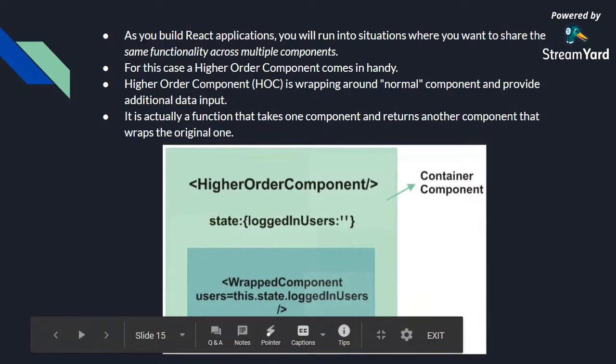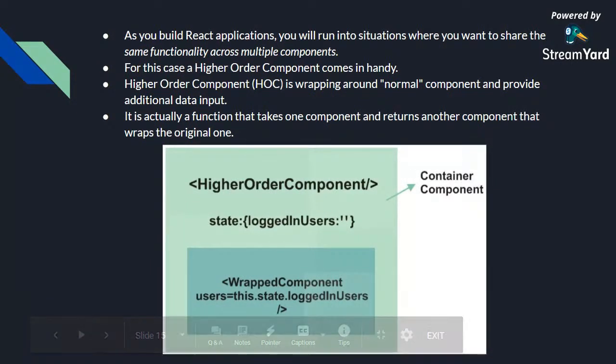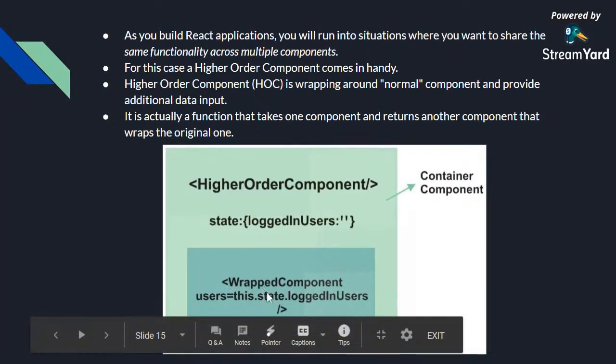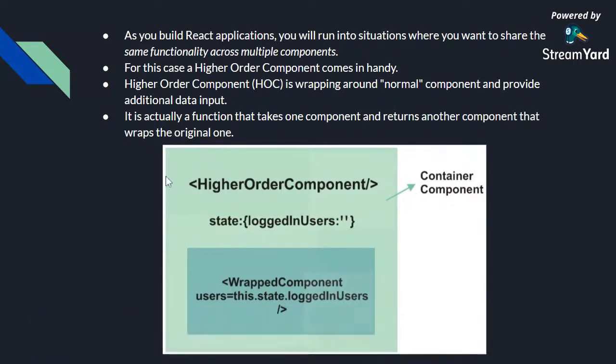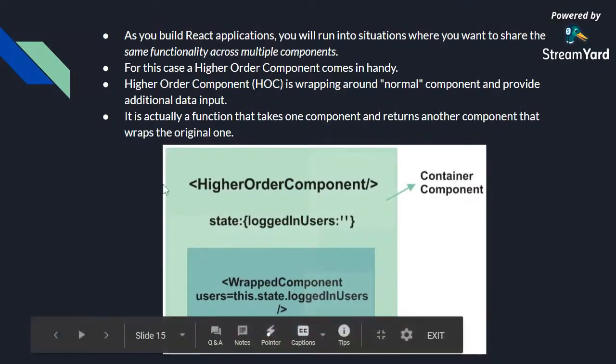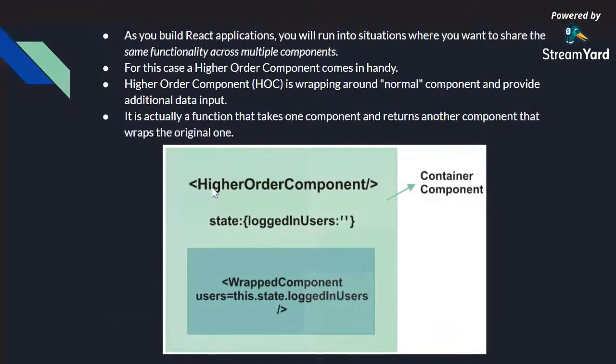It returns a component in a new form. It takes one component and returns another one which wraps the original one inside it. So I pass this particular wrapped component inside this common container component, and the higher order component returns this entire thing to me, which is a completely new component wrapping the original one that I passed into it.